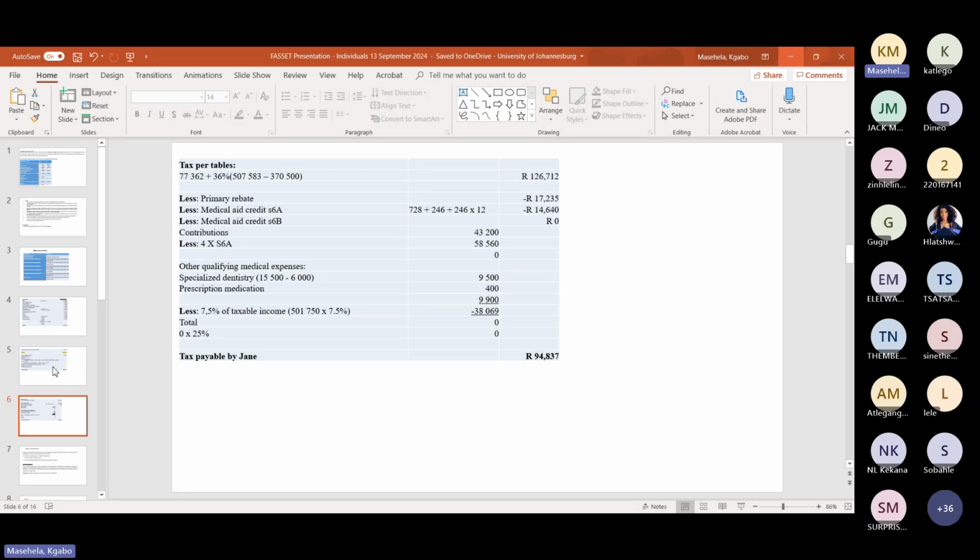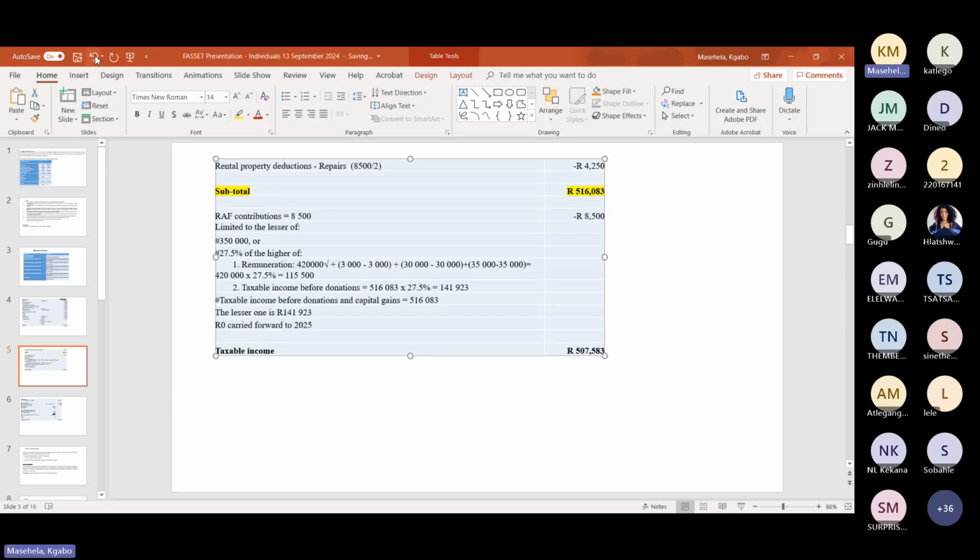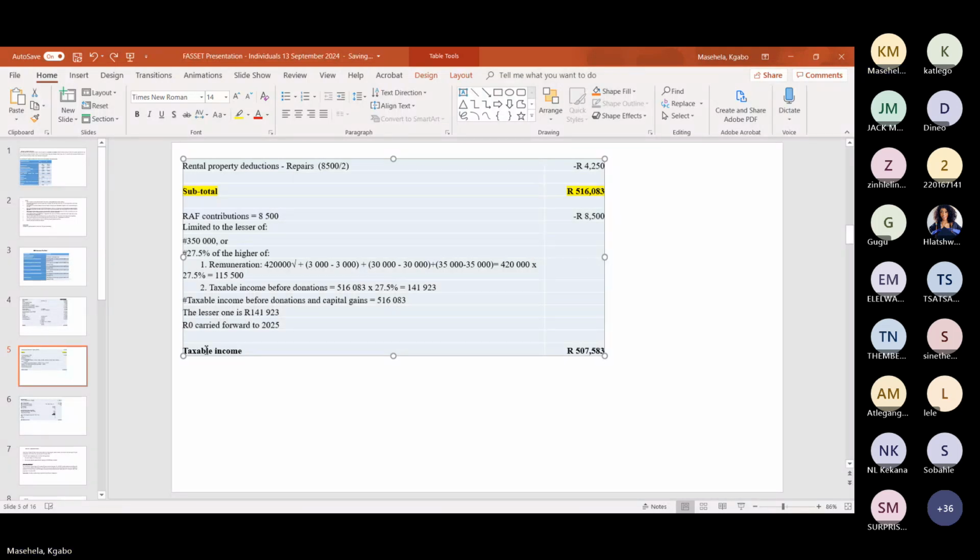If they were saying in the required part, calculate the taxable income, then you'd be done on this one. But it says calculate the normal tax payable. It means you need to calculate further, because this taxable income is subject to be taxed.